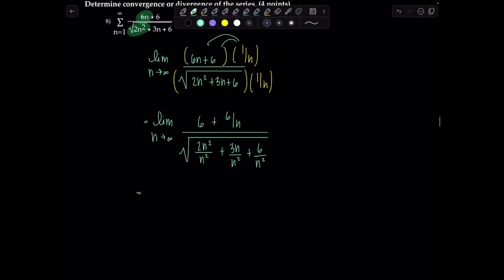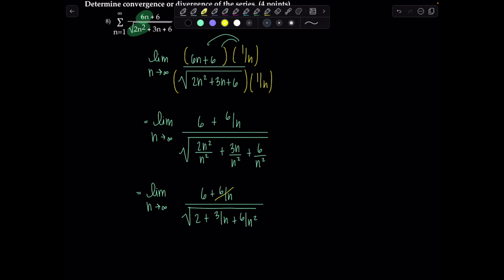And then now let's simplify and take the limit. So we have the limit as n goes to infinity of 6 plus 6 over n over the square root of 2 plus 3 over n plus 6 over n squared.